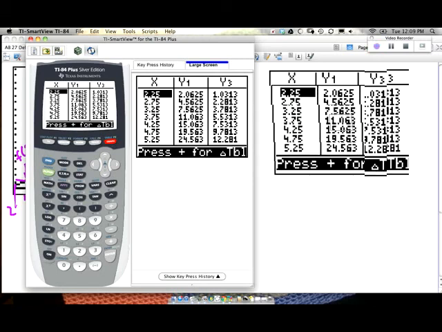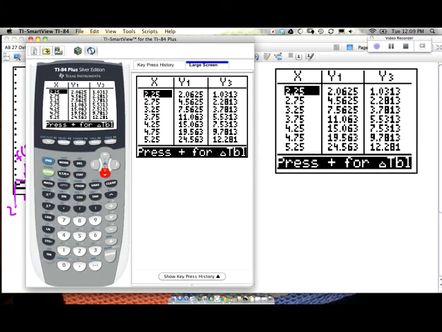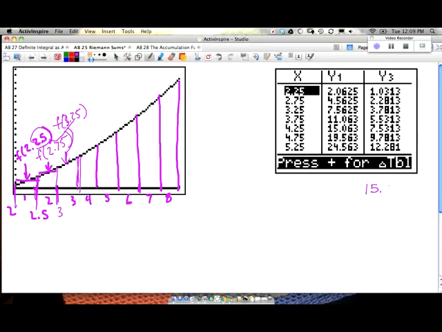Now we don't have all of them here, so we need to scroll down and get some of the other ones as well. We went up to 5.25, but we got to get all the way up to 5.75, so we need this last number in here too, which is 15.031. So that's the one at 5.75.